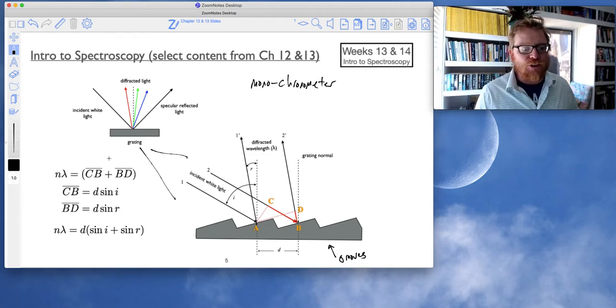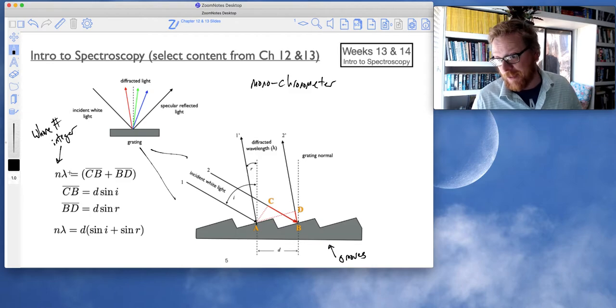And so I'm not going to get too crazy detailed into the math. The way this works is to get a diffracted wavelength, we have to have whole number integers. So this n times lambda, that means a whole number integer wavelength.